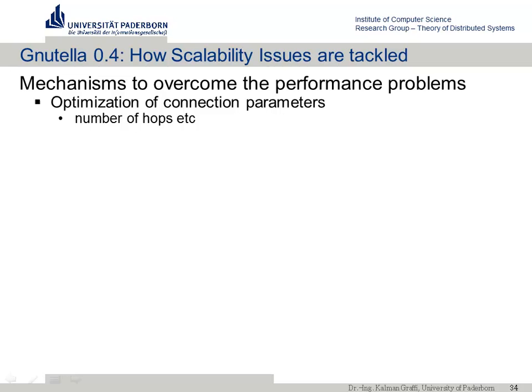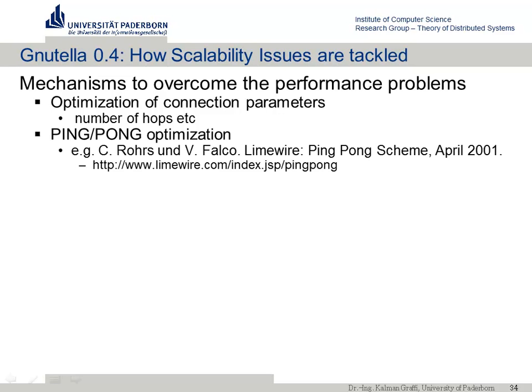So what did they do? How can these scalability issues be tackled? One approach was that you could of course optimize the number of hops and try to tune that parameter, but you are still generating exponentially many messages.